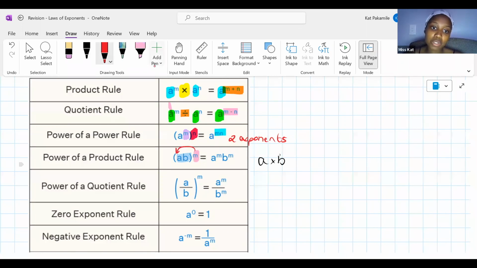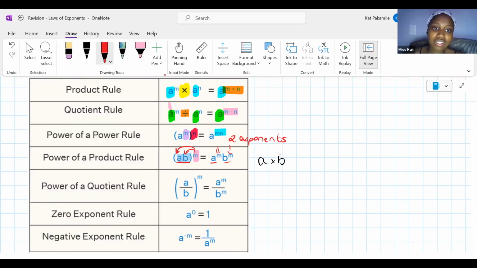It's sometimes called the distributive law of exponents. You will distribute, and then A has to get an M, as well as B has to get an M. Take notes, guys. These are different bases, so it's not the same as law number one. Law number one said the bases had to be the same. So in this case, these are two different bases, in which case you will have to distribute the exponents.